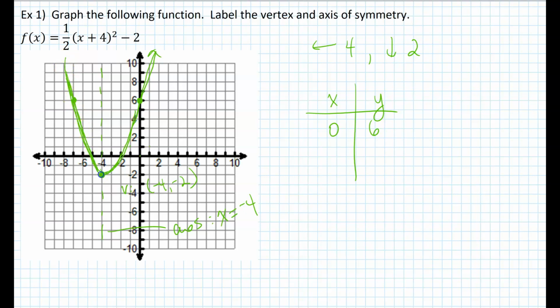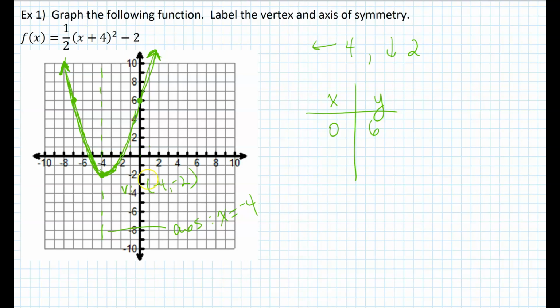And sorry, I drew mine a little bit pointy instead of curved. We want to make sure it's curved. So XY tables are always available. We did use the fact that we saw there was a horizontal shift and a vertical shift, and that we could have used the vertical shrink as well.